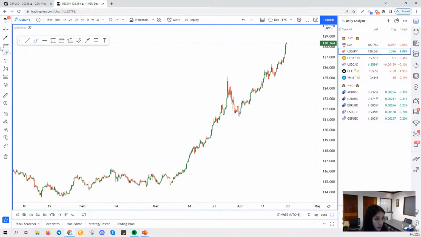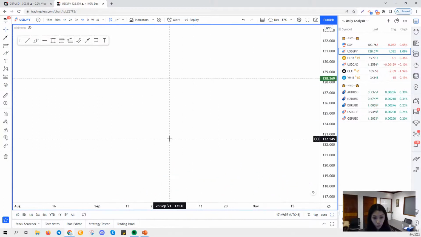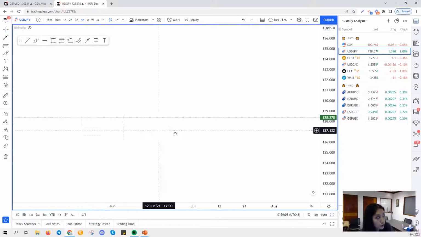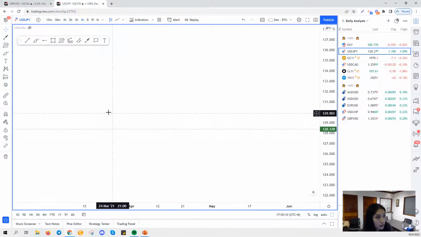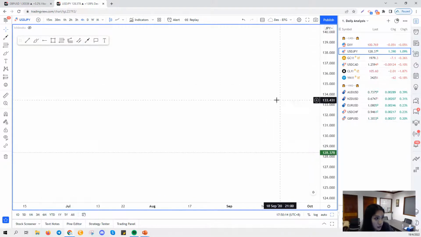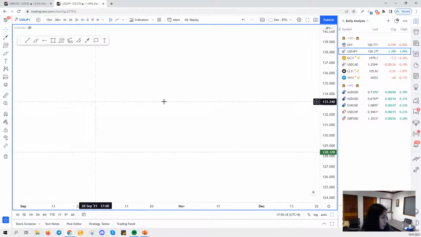And if you realize, when we are doing the charting, there's no previous resistance level for us to refer to or to indicate the resistance level. So I think you should stay out of this trade and wait for a bit, because it went up too high.